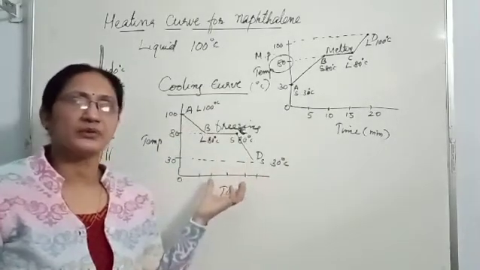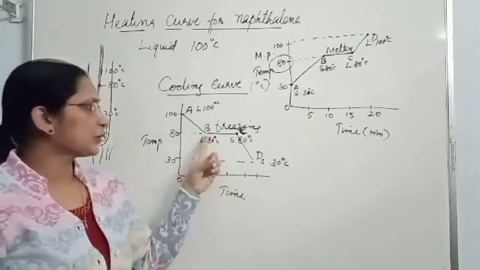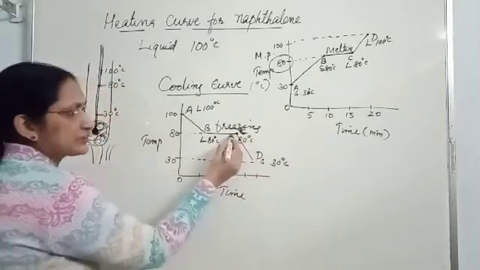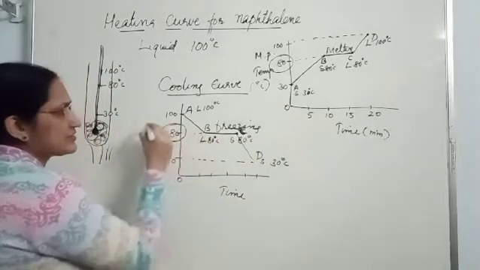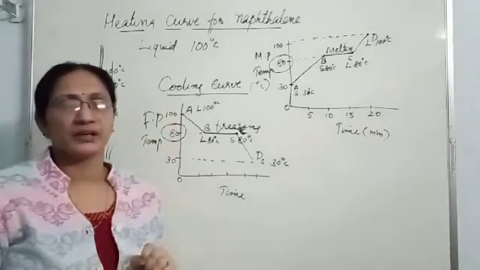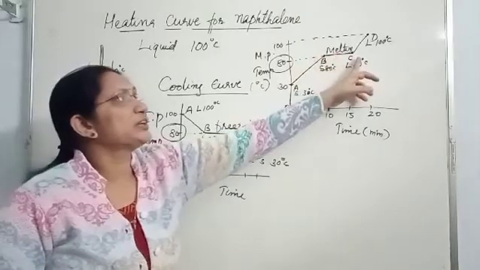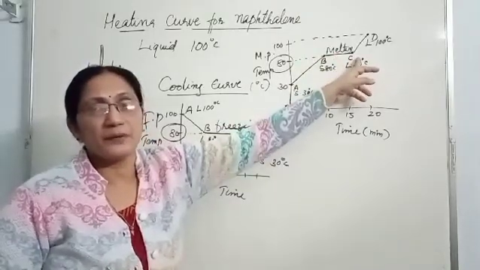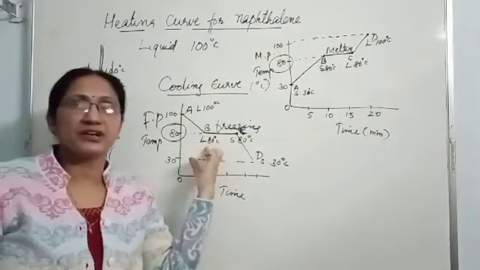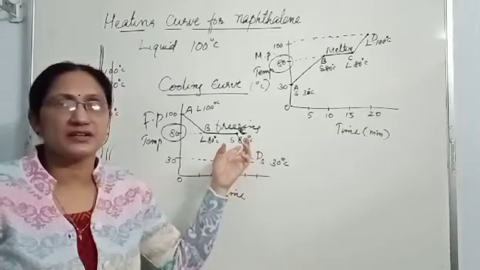From the cooling curve you can find out the freezing point of naphthalene. Liquid naphthalene changes to solid naphthalene at a fixed temperature of 80 degrees Celsius. That temperature we call the freezing point. So you can see solid naphthalene changes to liquid naphthalene, meaning melting happens at 80 degrees Celsius, and in reverse, liquid naphthalene changes to solid naphthalene at the same temperature, 80 degrees Celsius.